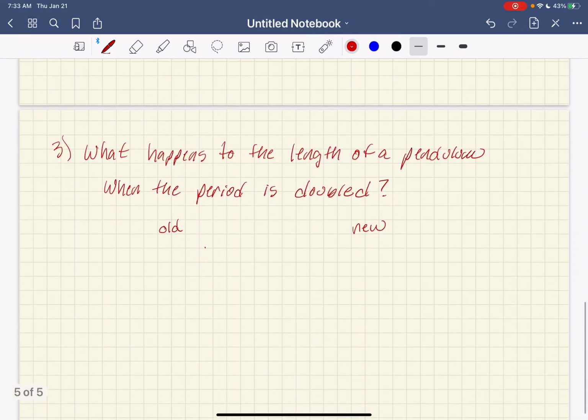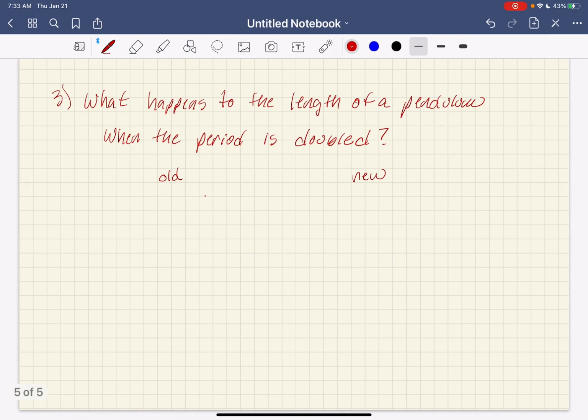All right. So this one is a little bit more difficult, not as easy to see, but you can see the power of the Mulvey method in this case. What happens to the length of a pendulum when the period is doubled? So we know that the period of the pendulum is 2 pi times the square root of L over g.